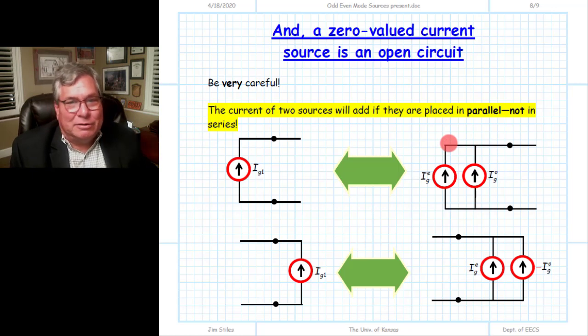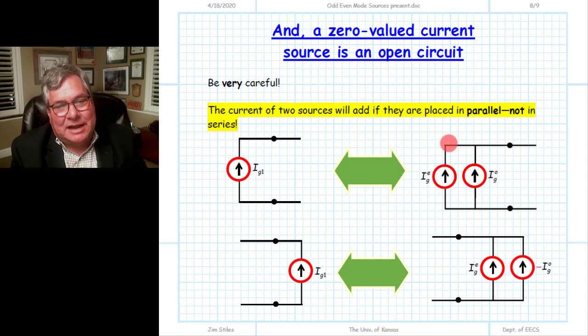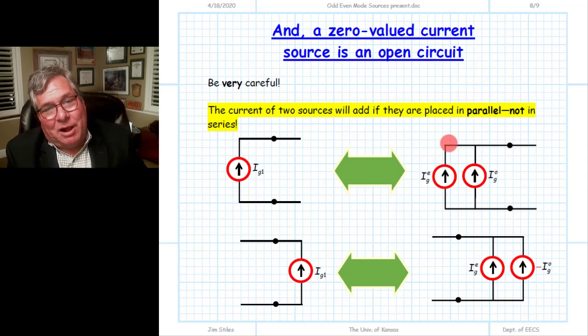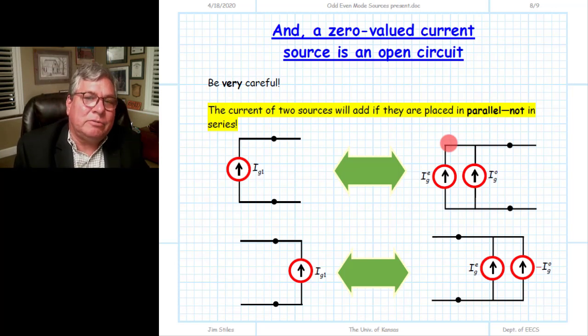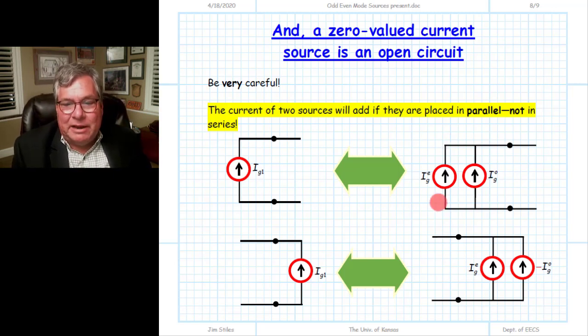What if I take a current source that says I must be equal to 1 and put it in series with a current source that says I must be equal to 2? Well, you've got a problem there, because the two ideal current sources are trying to enforce a different constraint for the same value of current. But it will work if you put them in parallel. And clearly from KCL, the current coming out here is the sum of the even mode current and the odd mode current. They add together, and that becomes the current IG1.